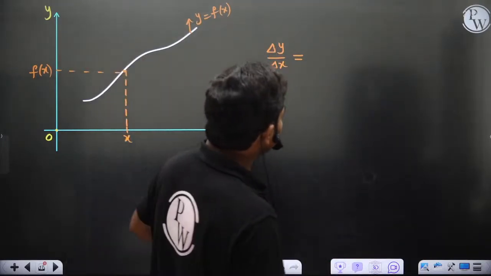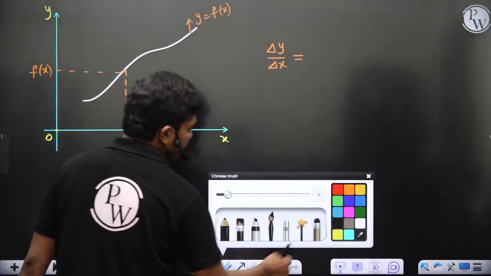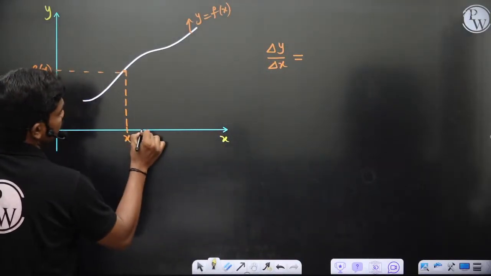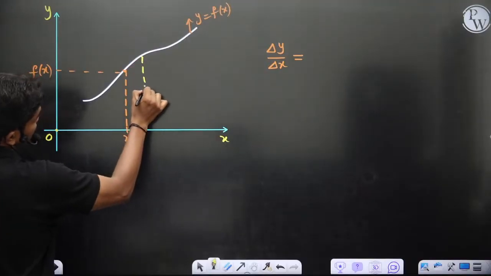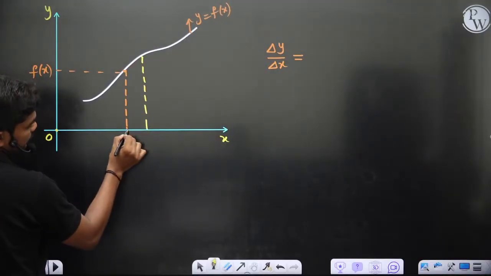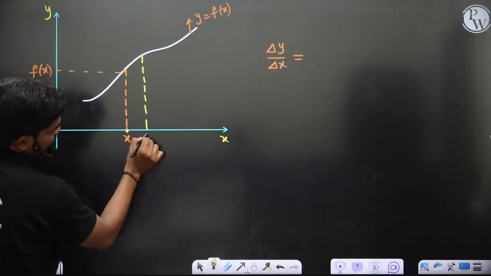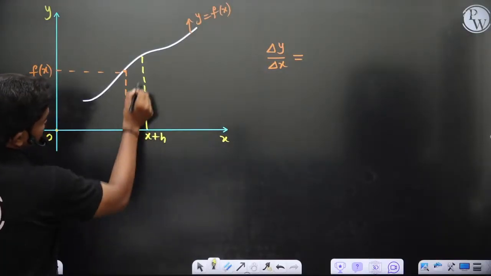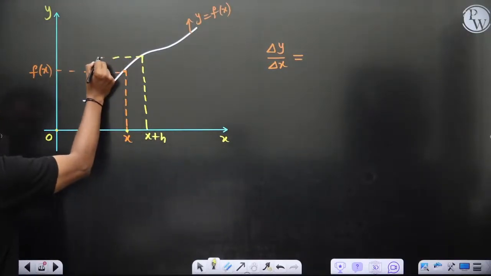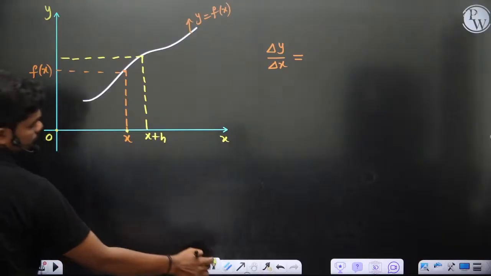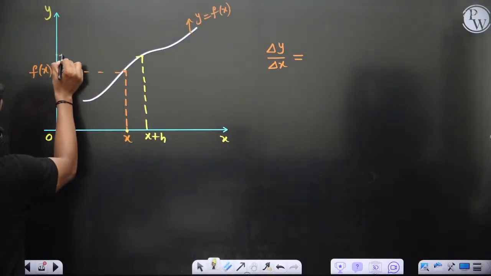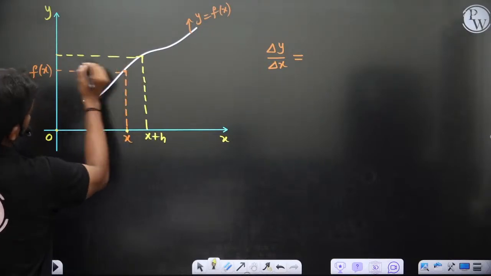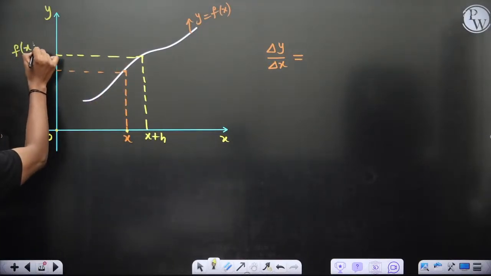Now for delta y by delta x, if you take another value, let's say x plus h, I am defining one more point. My x is initially here, now it has moved somewhere here, x plus h. Then correspondingly this is my f of x plus h, correct?